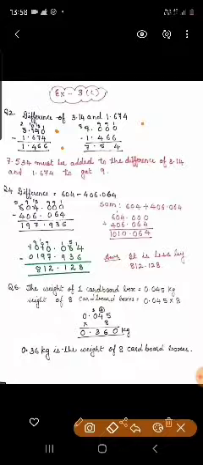This becomes 9. 9 minus 6 is 3. And 9 minus 4 will give me 5. 8 minus 1 will give me 7. So I'm getting 7.534. Okay. So 7.534 must be added to the difference of 3.14 and 1.674 to get 9 as my answer.